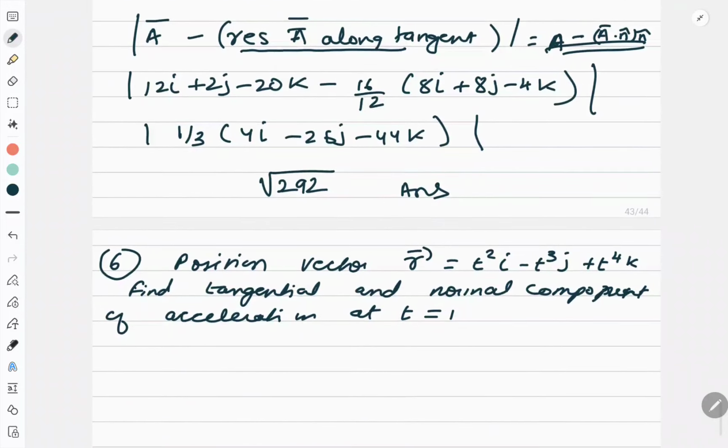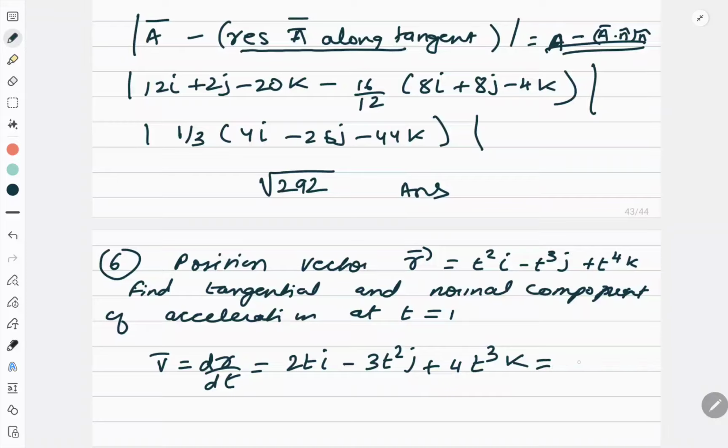Okay. Now, position vector r is given by this. Find the tangential and normal component of acceleration at t is equal to 1. So now first, velocity is equal to dr by dt is equal to 2ti minus 3t square j plus 4t cube k.